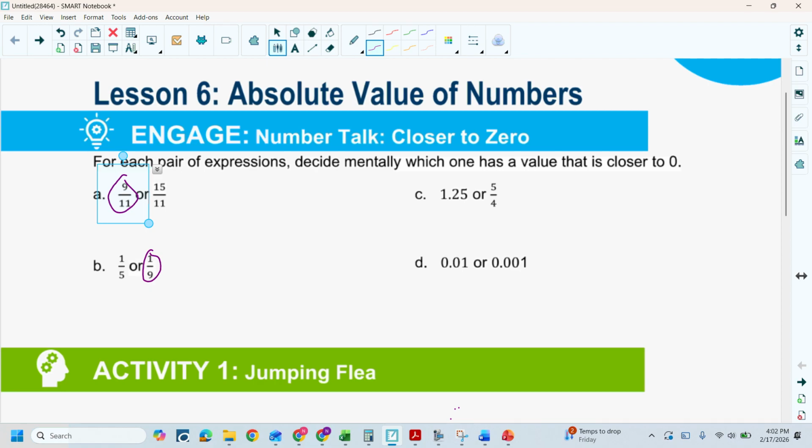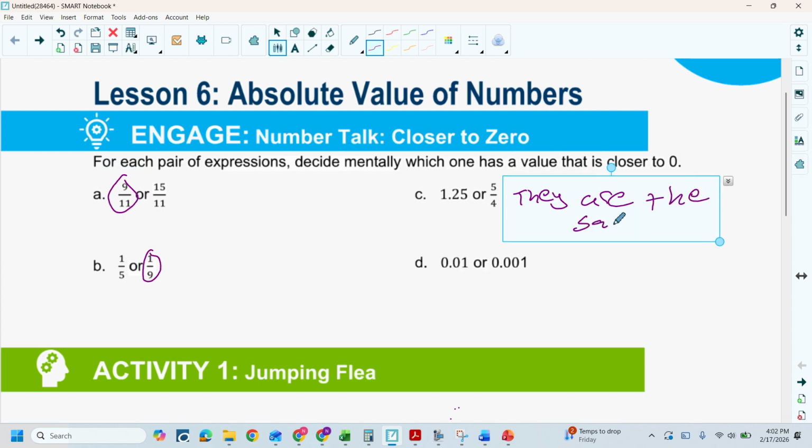And so 1.25 or 5/4. Well, 1.25 is the same as 5/4, because 4 goes into 5 one time with 1 left over, so that's 1 1/4. This is 1 1/4, so they are the same.